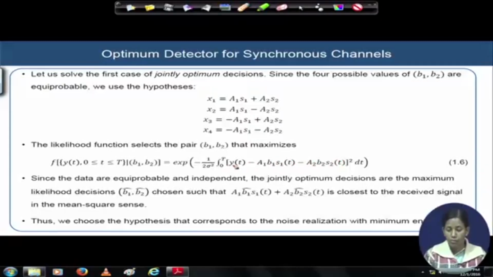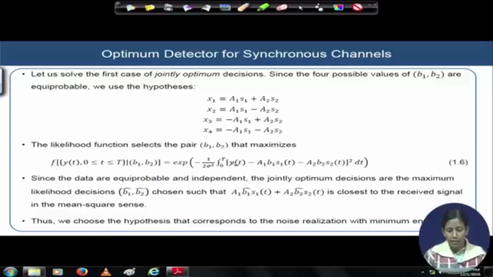When I subtract this signal portion from the received signal, you are left with the noise. So, fundamentally you are trying to maximize this function, that means you are trying to minimize this side, and the likelihood function selects such a pair B1 B2 that maximizes equation 1.6.